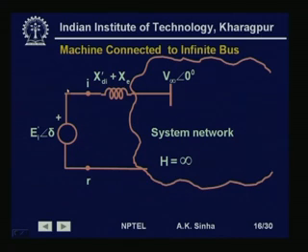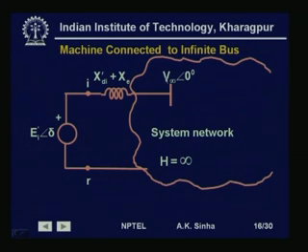That is, we say this machine is connected to an infinite bus, the voltage of which we write normally as V infinity, and since the rotor angle for this system is not going to change with the power flow from this machine, we normally use the voltage angle or the power angle of this bus, where this machine is connected to the system, as the reference voltage, which we put as 0 degrees.